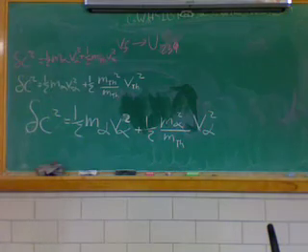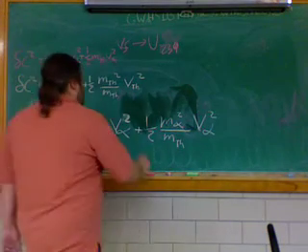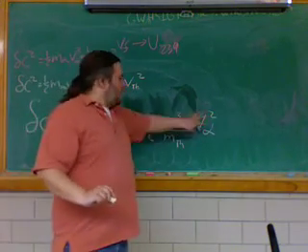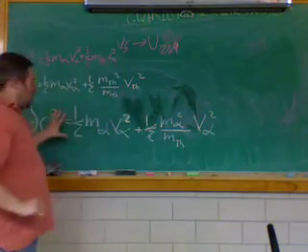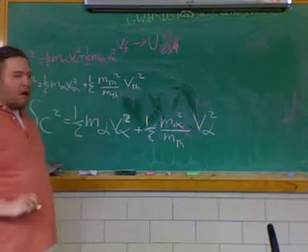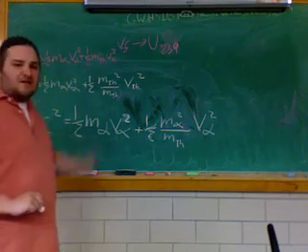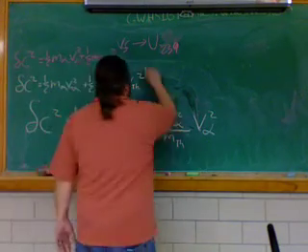Okay? I can now do a little bit of algebra. I can pull this term out, I can pull this term out, and bring it to the front. I can bring a half term out. But in all honesty, I'm pretty much done at that point. If I wanted to simplify it, it would look something like this.